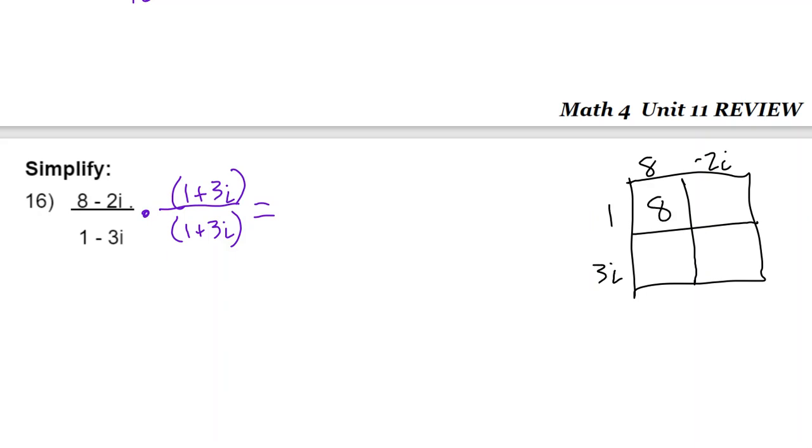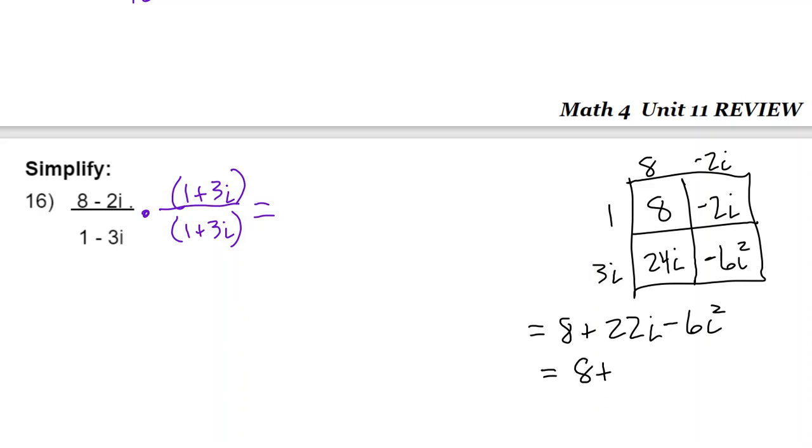So by the time we finish boxing all of this, negative 6i squared, which is going to give us 24 minus 2 is going to give us 22i. And the negative 6i squared is going to become a plus 6. 8 plus 6 is 14, which means we're going to have that on top.